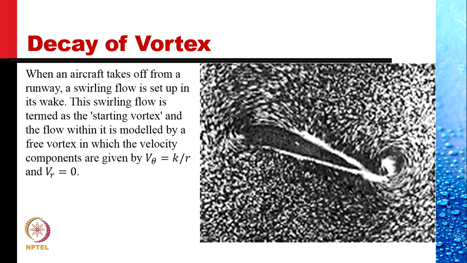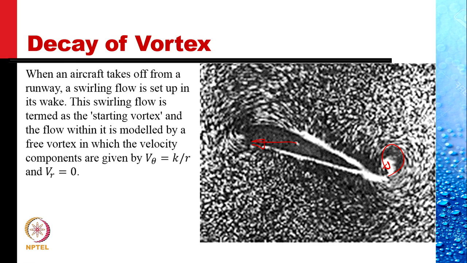When an aircraft takes off from a runway, a swirling flow is set up. This picture, which is from original flow visualization experiments of Ludwig Prandtl from the turn of the last century, shows an aerofoil moving in that direction, and when the aerofoil moves in that direction, there is a vortex that is formed in the flow.